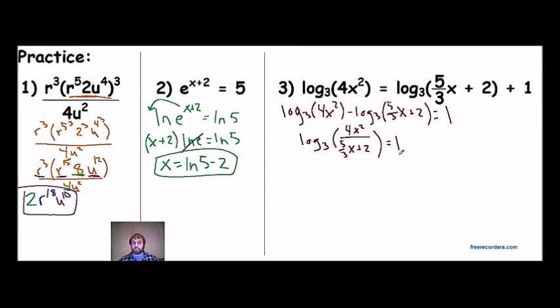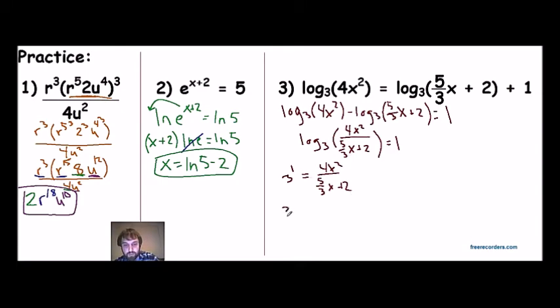And at this point, so that we can get the stuff out of the log, let's switch it into exponential form. So I know, again, that 3 to the first power is going to equal that stuff on the inside. So our 4x squared all over the 5/3 x plus 2. Okay. Well, 3 to the first is 3, and I want to get rid of that denominator, so let's multiply both sides by it.